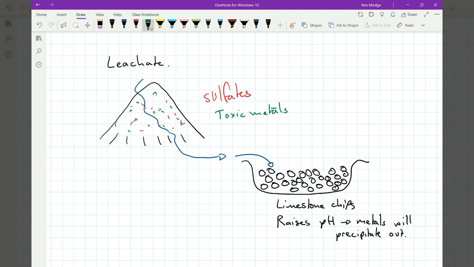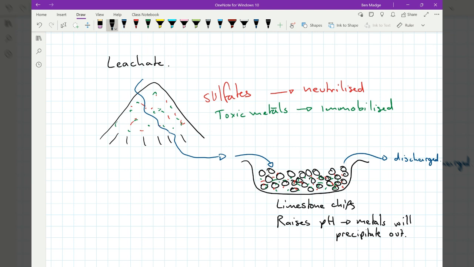So the heavy metals are going to be immobilized. The sulfates and the sulfuric acid that's generated will be neutralized. And the water can then be discharged to local watercourses, and it's not going to be so harsh.